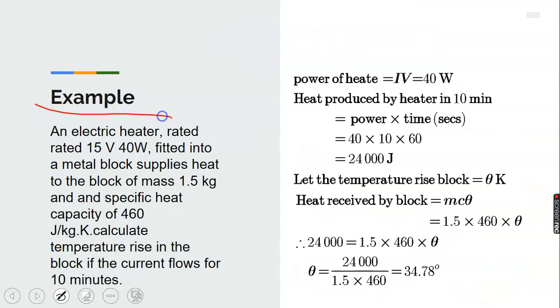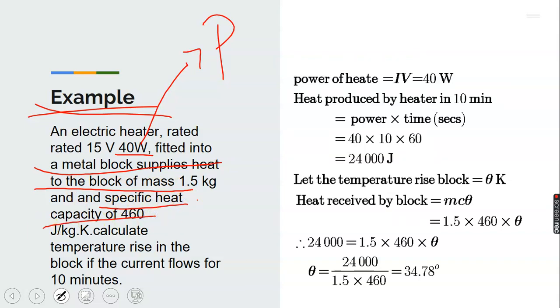Now, example. An electric heater rated 15 volts, 40 watts. This 40 watt is the power. It is fitted into a metal block of mass 1.5 kilogram and specific heat capacity 460 joules per kilogram Kelvin. Calculate the temperature rise in the block if the current flows for 10 minutes.